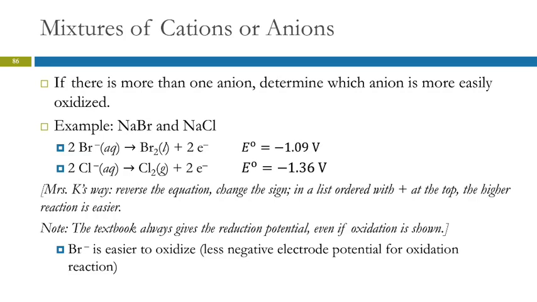Wait, so the one that's more positive? More positive. If you switch the signs of both of those, isn't the chloride more positive? No, if we change the signs, yeah, then the chloride's more positive. This is my way, because this is my slide. So I switched the signs already. Oh. So these are correct for these half reactions.